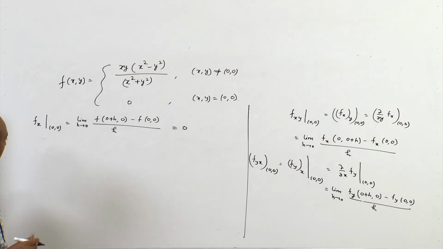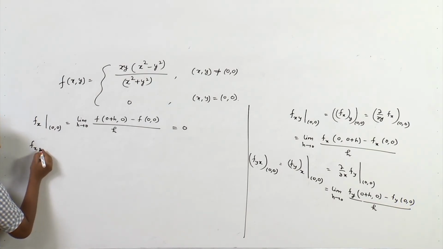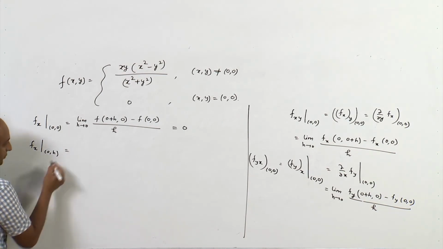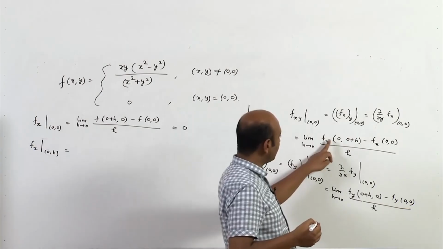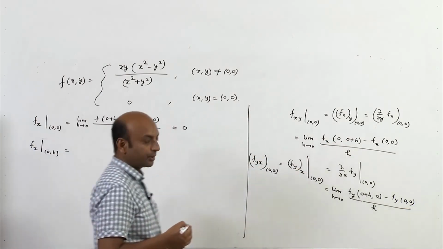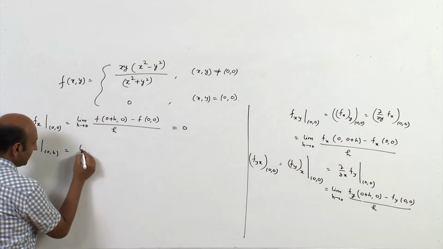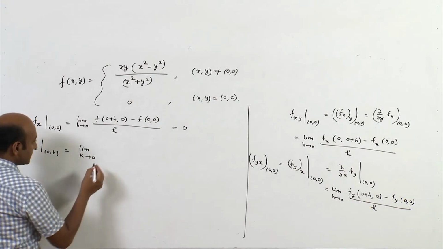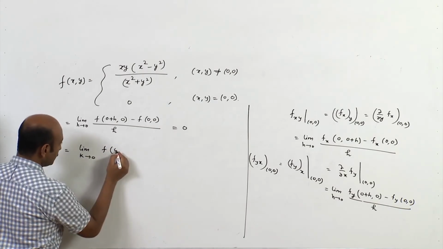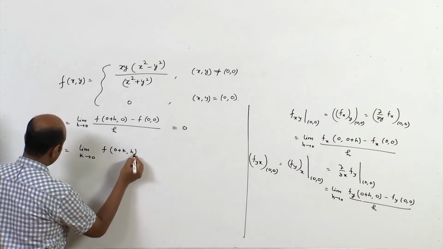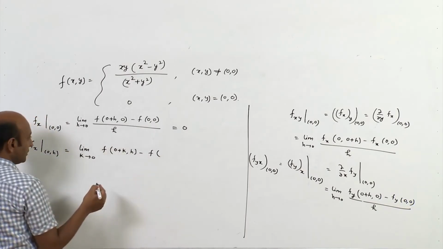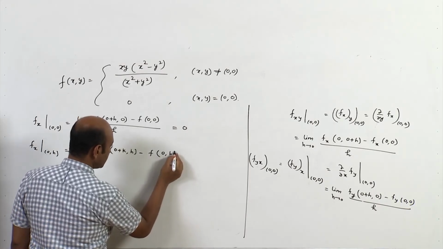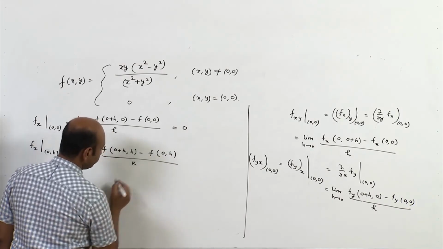Now, we compute f_x at (0, h). We take the limit as k tends to 0, because h is already here. So it is f at (0+k, h) minus f at (0, h), upon k.